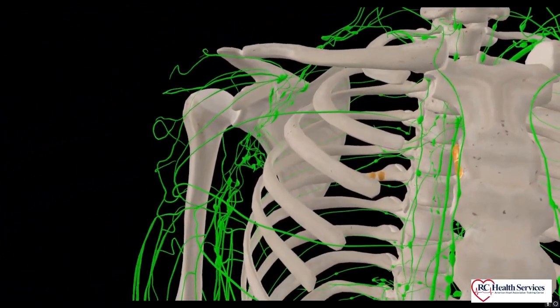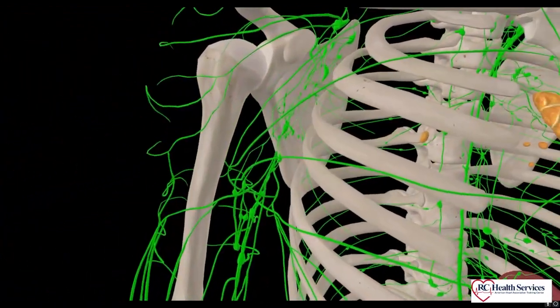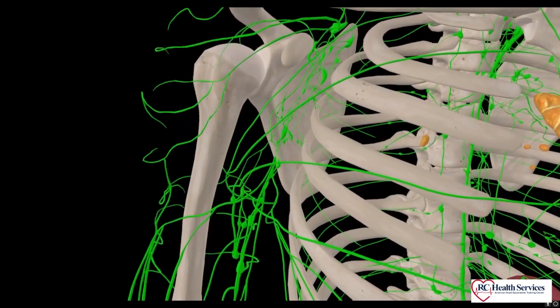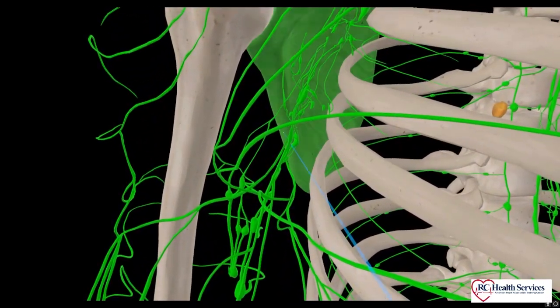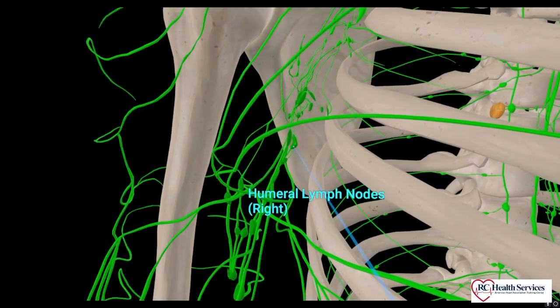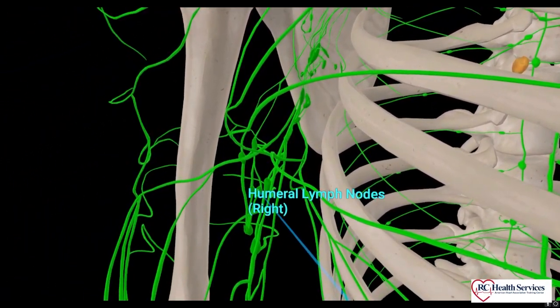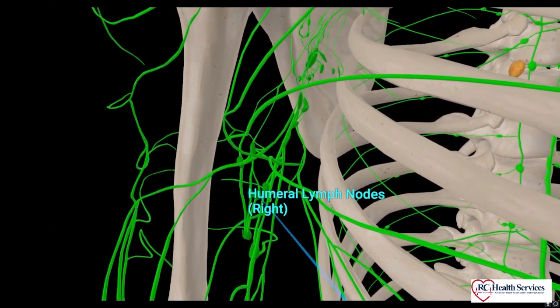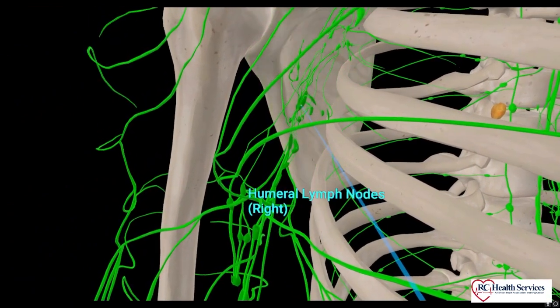And if he goes in kind of close, you'll notice those little nodes. Those are lymphatic nodes. If you have any sort of illness, they may swell with lymph to help protect your body.